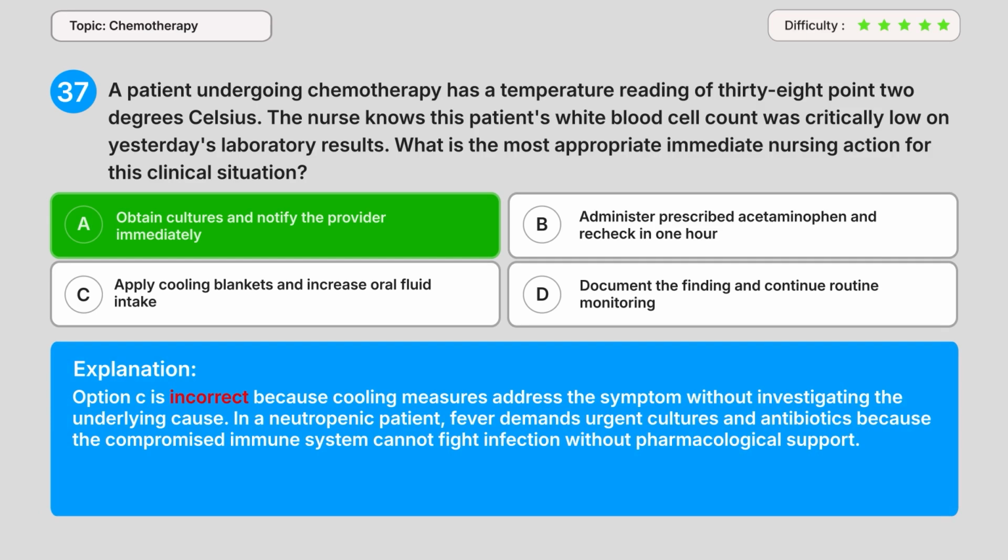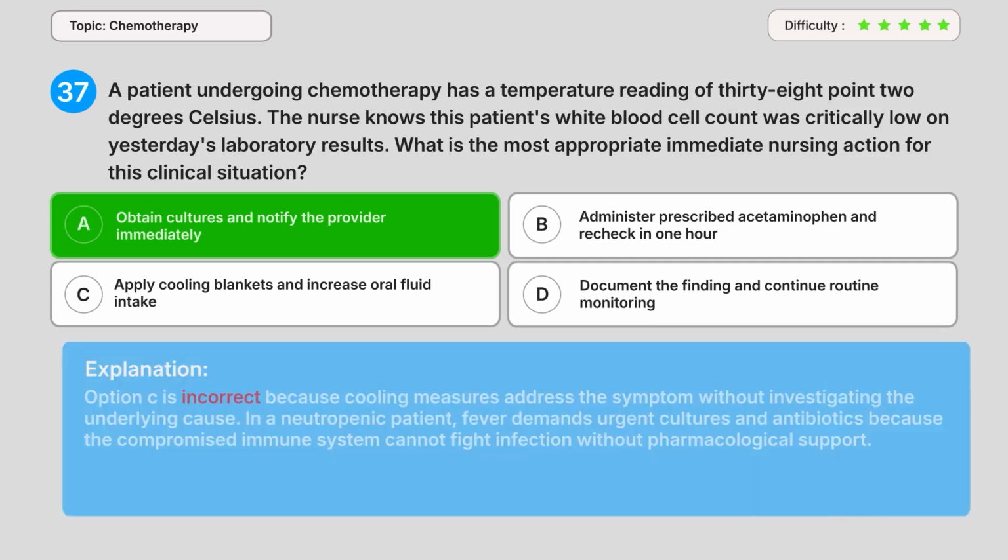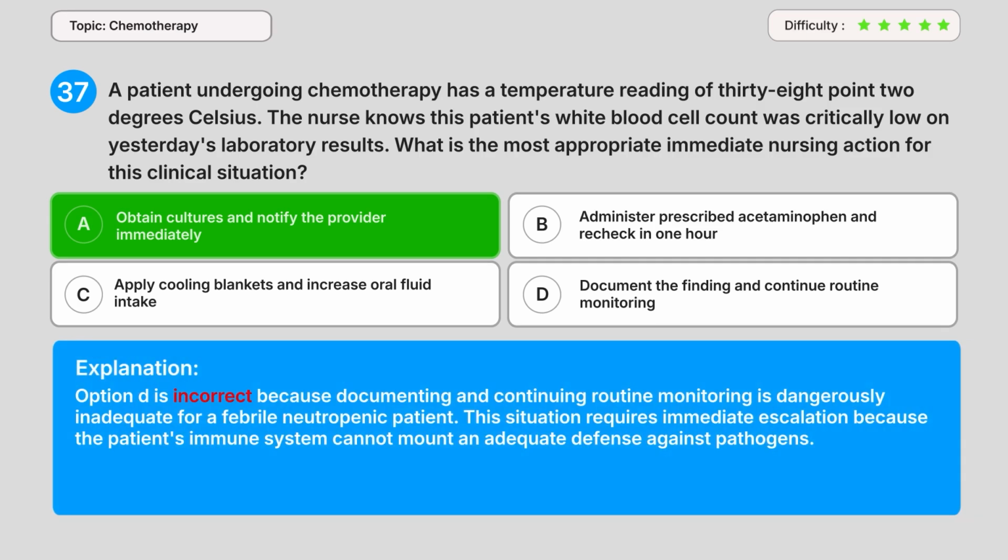In a neutropenic patient, fever demands urgent cultures and antibiotics because the compromised immune system cannot fight infection without pharmacological support. Option D is incorrect because documenting and continuing routine monitoring is dangerously inadequate for a febrile neutropenic patient. This situation requires immediate escalation because the patient's immune system cannot mount an adequate defense against pathogens.